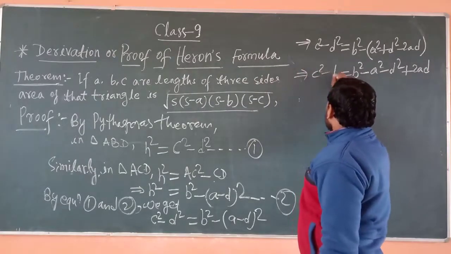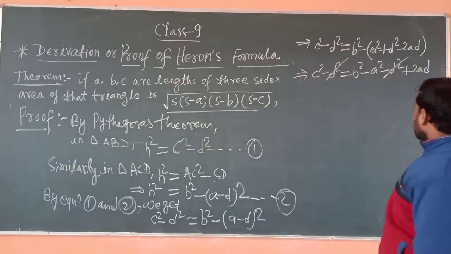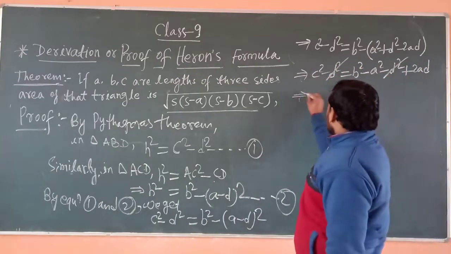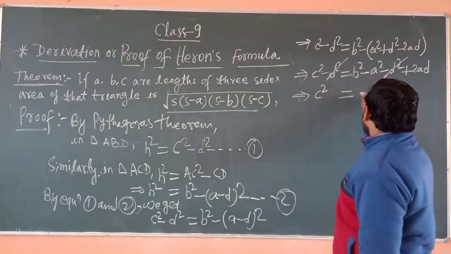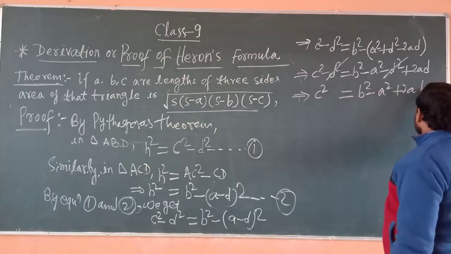C square minus D square. Then minus D square and minus D square will be cancelled. Then C square is equal to B square minus A square plus 2AD.